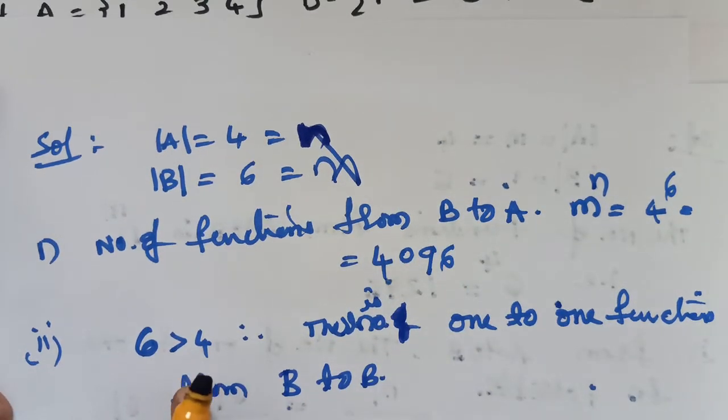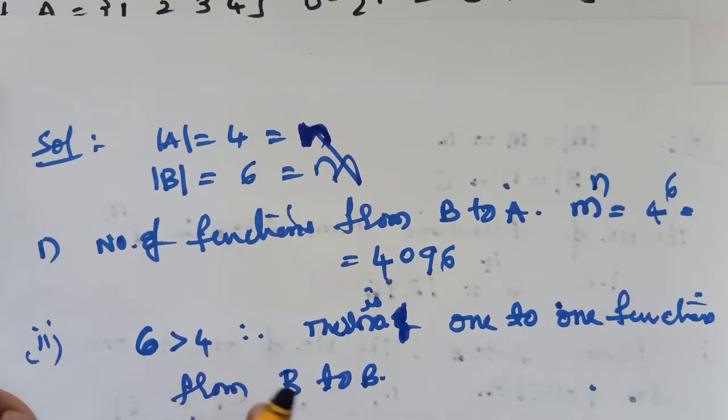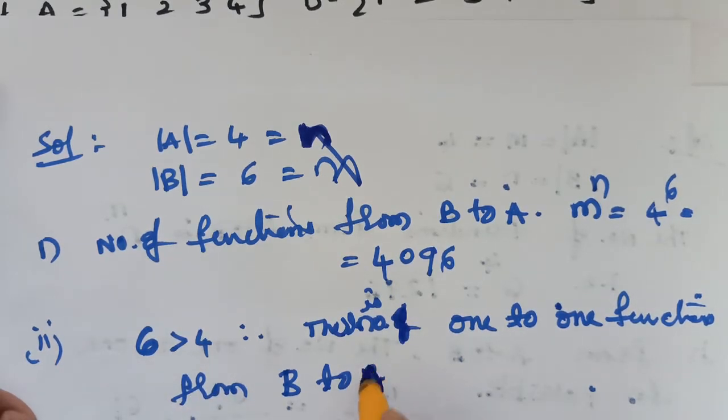When you are calculating the number of one-to-one functions from B to A, the cardinality of set B will become m and this will become n.